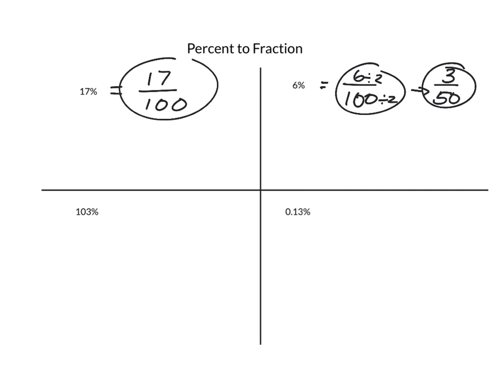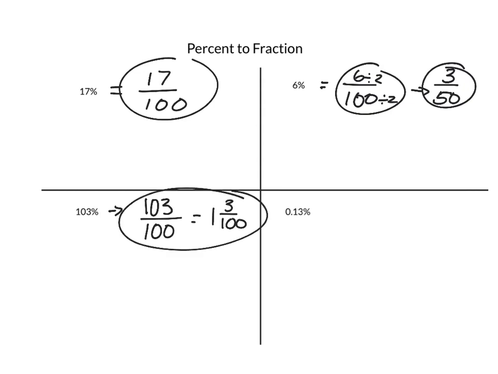So we can leave it either way. Now, the bottom two here are slightly trickier because we have 103%, but it's still percents out of 100. So what we're going to get is 103 out of 100. Now that can be changed into a mixed number. That would be equal to 1 and 3/100, but either of those would be acceptable answers.